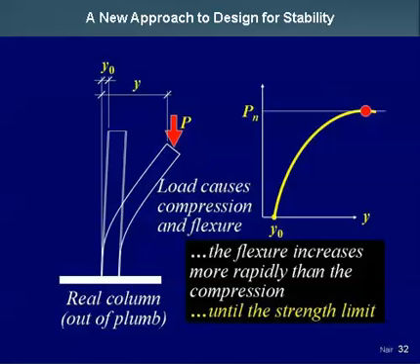And the maximum vertical or compressive load that this column can sustain is that P sub n. That's the point where this curve starts dropping off. What is important to note, though, is that even though this was a nominally vertical column under vertical load, at the point of maximum load, there is a tremendous amount of flexure in this. In fact, depending on the L over r and so on, you may have more flexural stress than compressive stress at this point of maximum load.